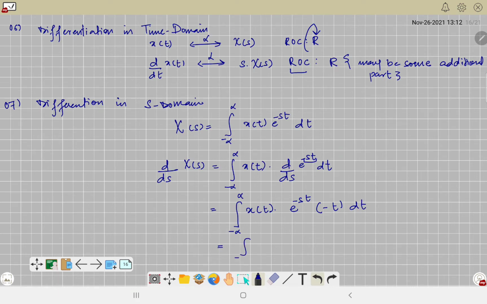So this will be integral from minus infinity to plus infinity of minus t into x of t e raised to the power minus s t dt, which is, as per the expression, nothing but Laplace transform of this entire thing, minus t x of t. So as we are expecting from the duality property, it will correspond to multiplication in the time domain.